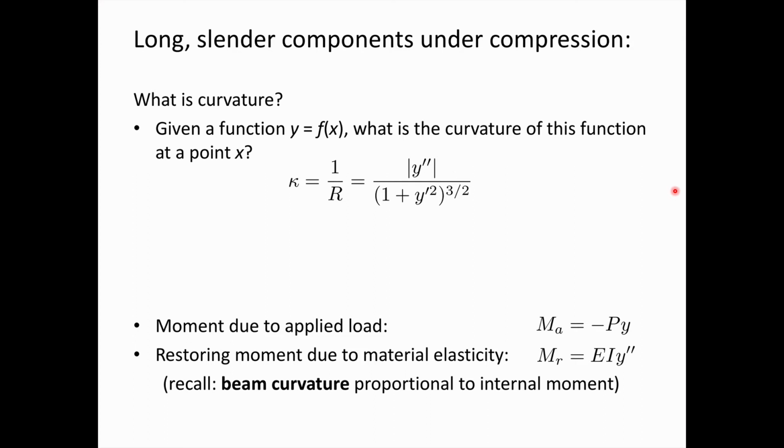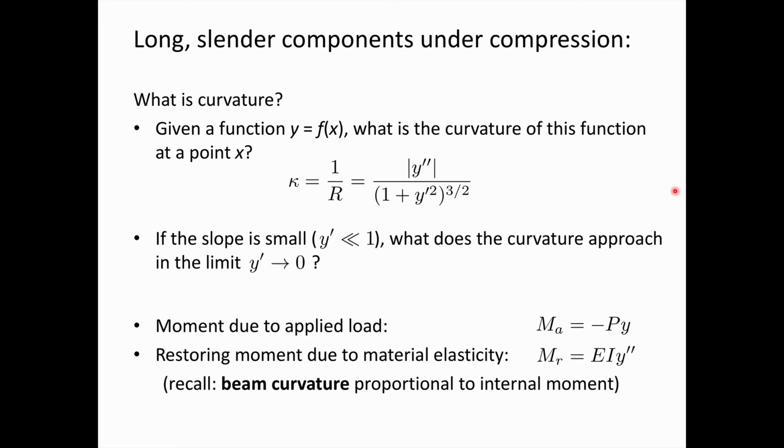But this is a somewhat complicated formula, and in this derivation, we're assuming small deflections, and if we have small deflections, the first derivative is going to be small. So if the slope is really small, what does the curvature approach in the limit as the first derivative approaches zero? So if y prime in the denominator goes all the way to zero, if we just substitute zero, then this is equal to y double prime.